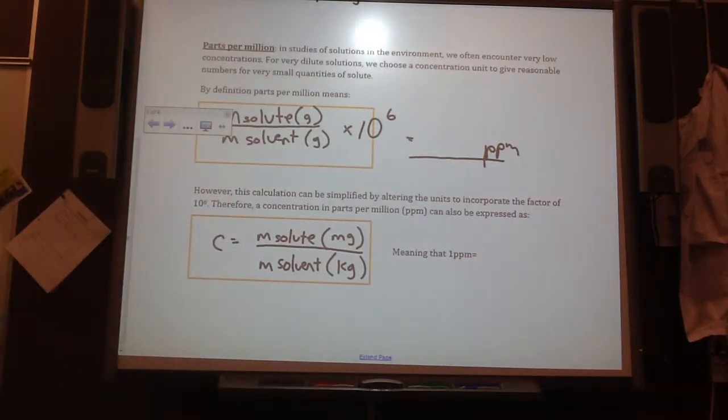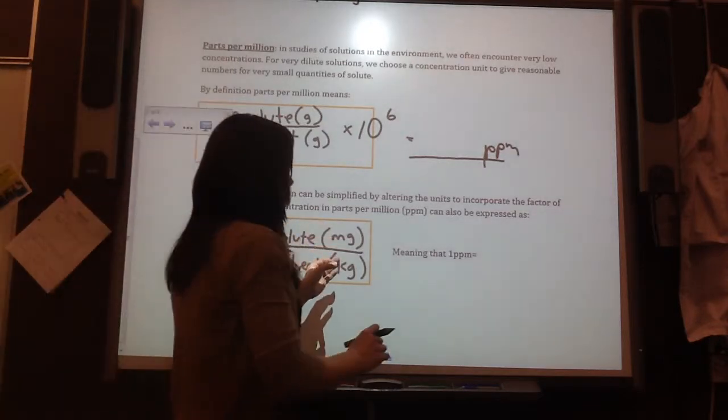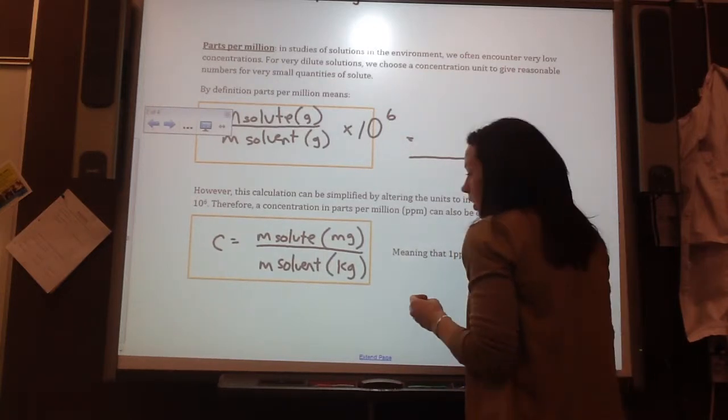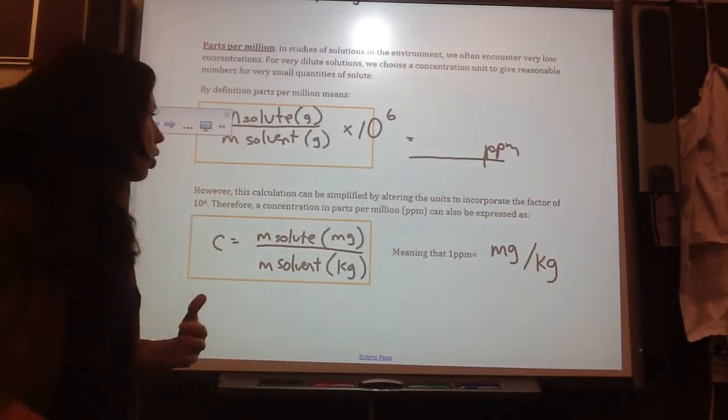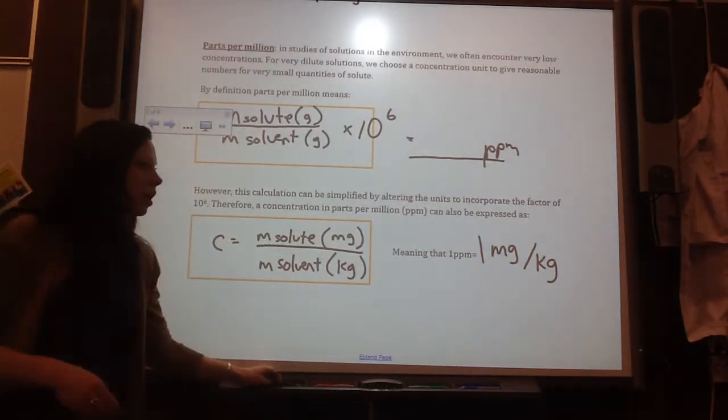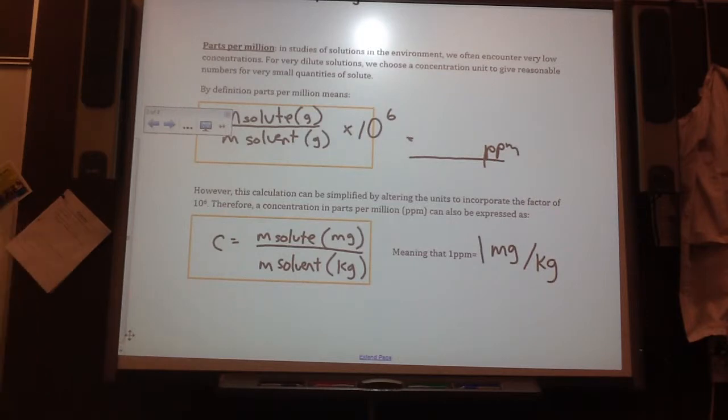So if you don't write parts per million, the units are milligrams per kilogram. So 1 part per million is equal to 1 milligram per kilogram.